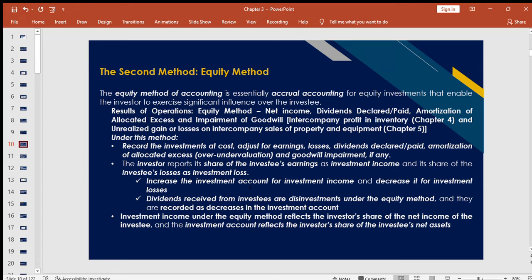So we will have entries on this as we move forward in our chapter. Increase the investment account for income and decrease for investment losses. The investment income under the equity method reflects the investor's share of net income of the investee, and the investment account reflects the investor's share of the investee's net asset.